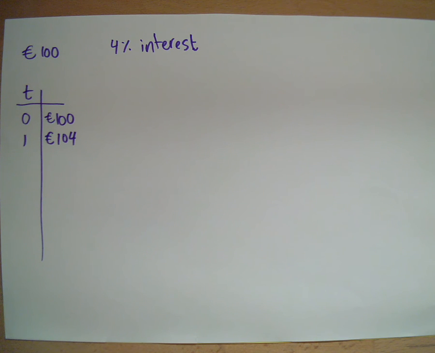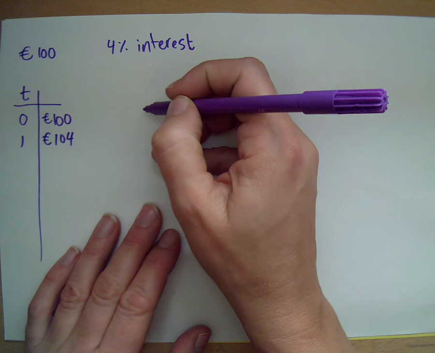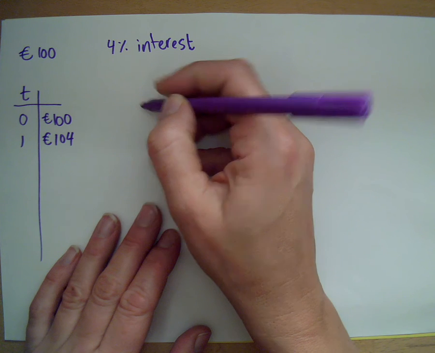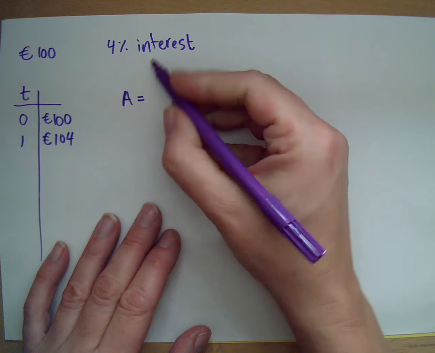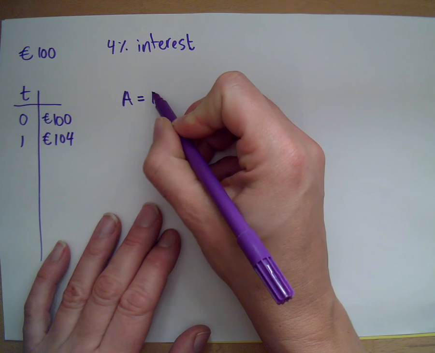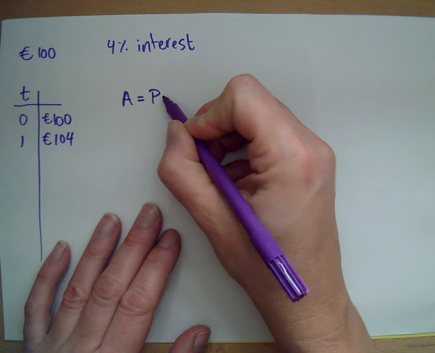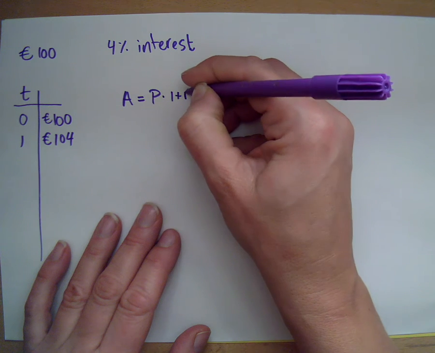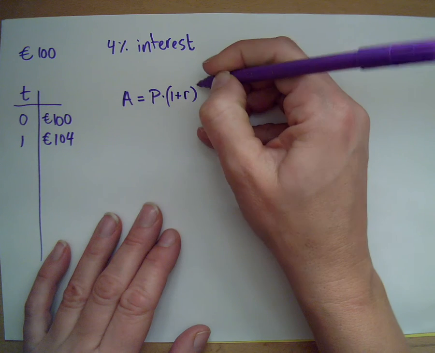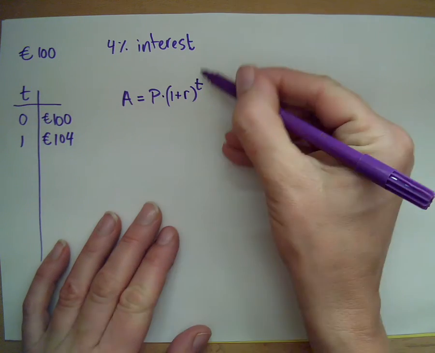And remember how we used the formula where the amount equals the principal amount times 1 plus the interest rate to the power of time in years.